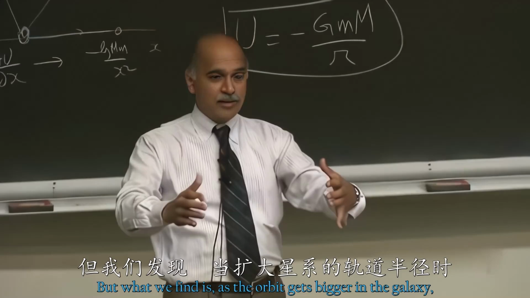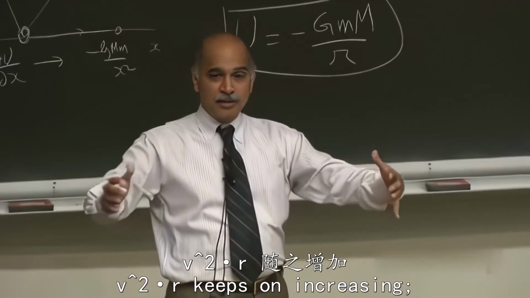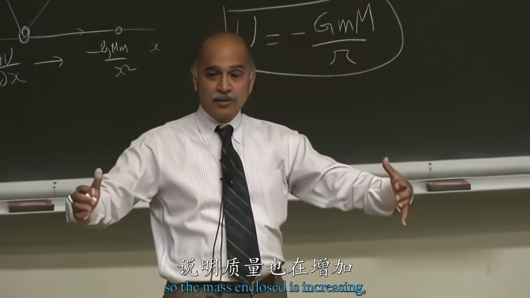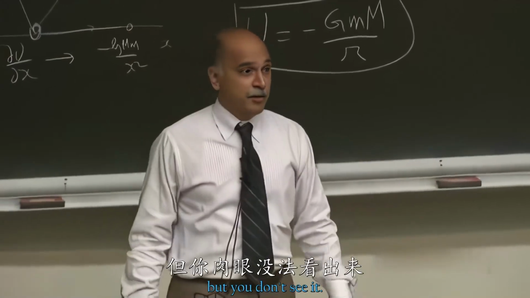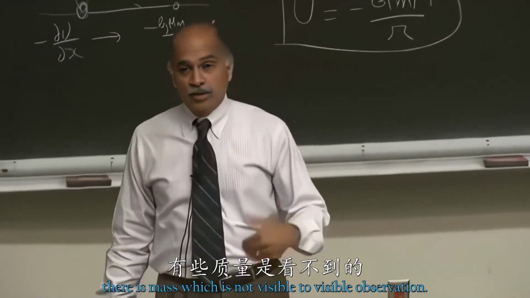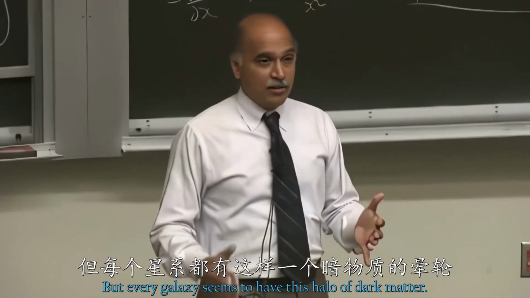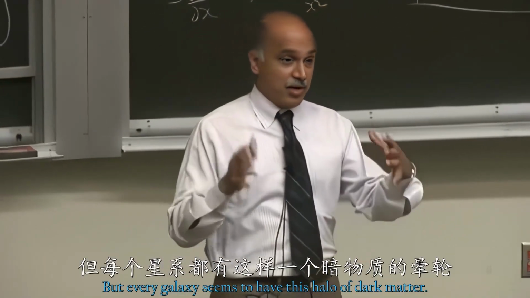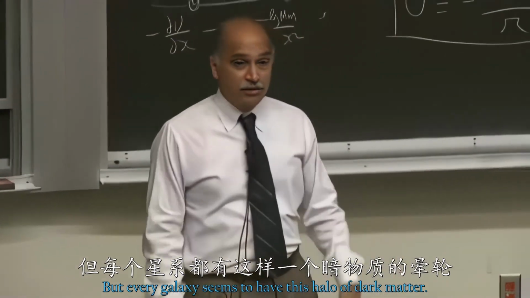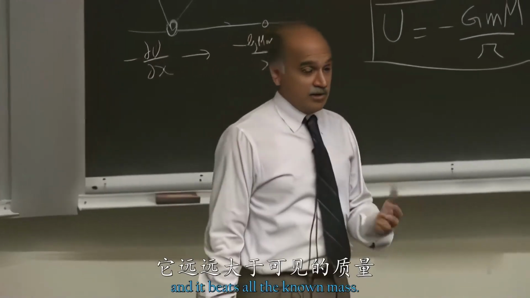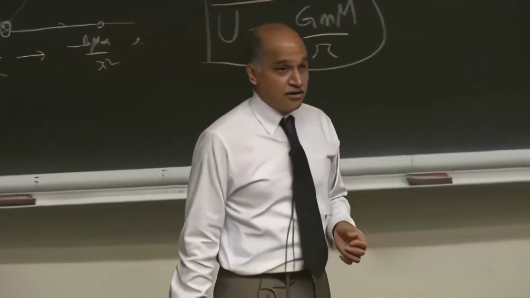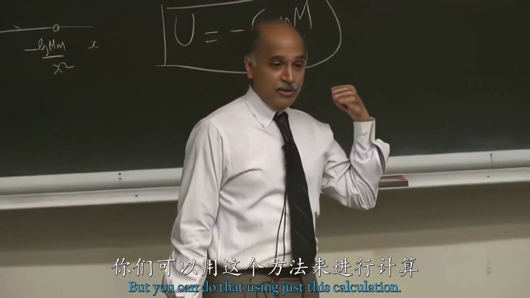But what we find is, as the orbit gets bigger than the galaxy, v squared r keeps on increasing, so the mass enclosed is increasing. But you don't see it. That's how we know there is mass which is not visible to observation. Every galaxy seems to have this halo of dark matter. That's how we estimate the mass, and it beats all the known mass. But you can do that using just this calculation.